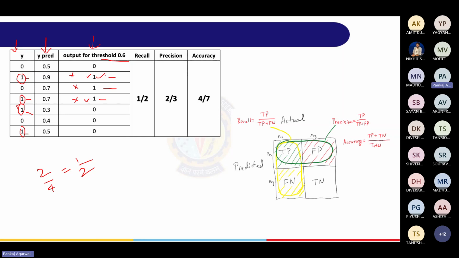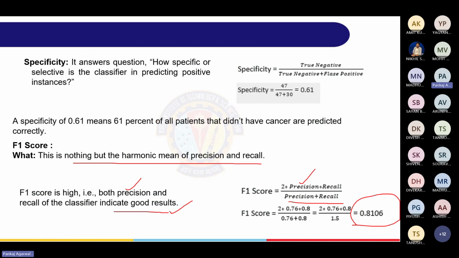Which were actually predicting yes. But the actual cases are four. Someone asks: in precision, we have true positive divided by actual yes? No, no. Understand my point.